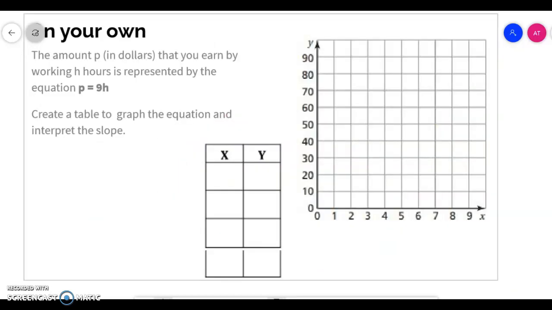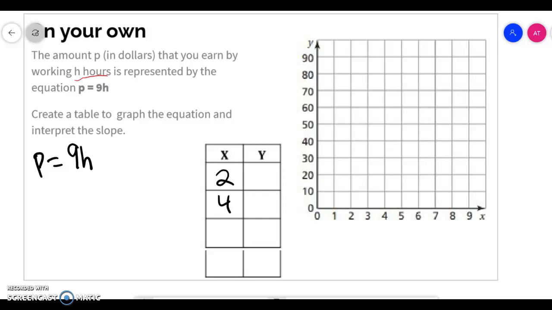It says the amount P in dollars that you earn by working H number of hours is represented by this equation. P equals 9H. We need to complete the table. So for this one, since our x's are counting by ones, let's skip around.